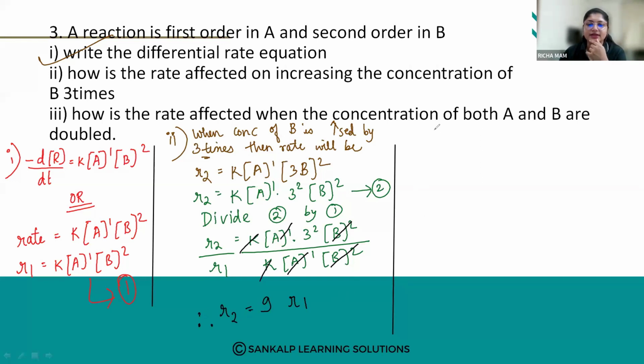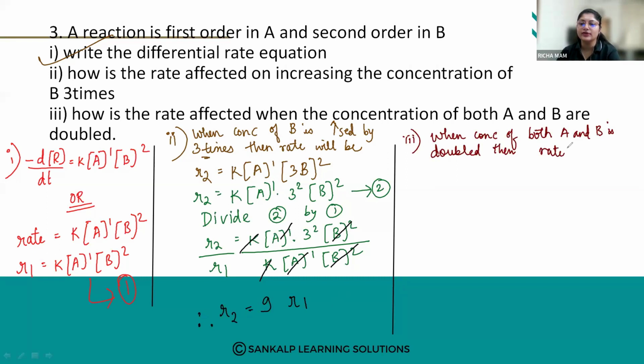Let us see the next question. When the concentration of both A and B is doubled, what will the rate be? So we are doubling both.